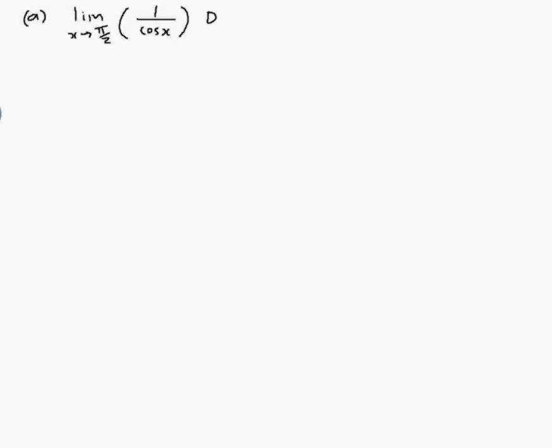The limit of the bottom is 0, so it does not exist, since the limit as x approaches pi on 2 of cos x is 0. And the limit as x approaches pi on 2 of tan x also does not exist, since tan of pi on 2 doesn't exist because it's actually infinity. So that's why we can't do it.